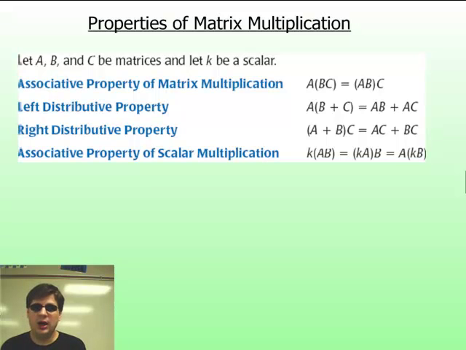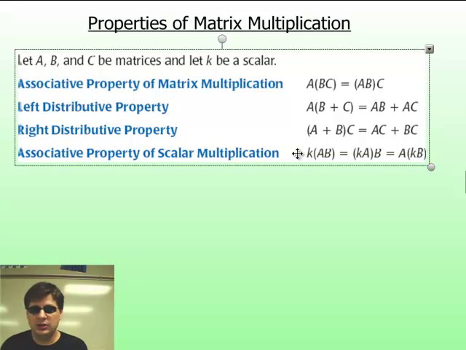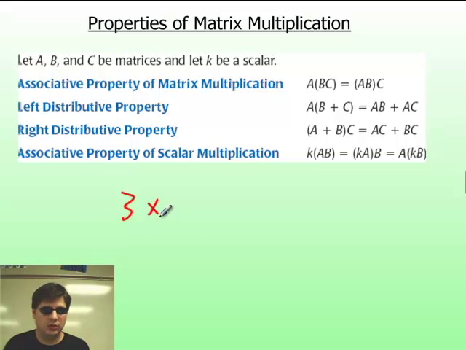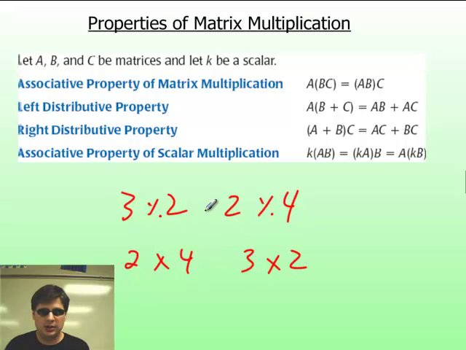You can multiply a 3 by 2 matrix with a 2 by 4 matrix, but if you were to flip them, you can't take that same 2 by 4 and multiply it by the 3 by 2. So if this is A and this is B, you can multiply A with B, but you can't multiply B with A. So order does matter when multiplying with matrices.